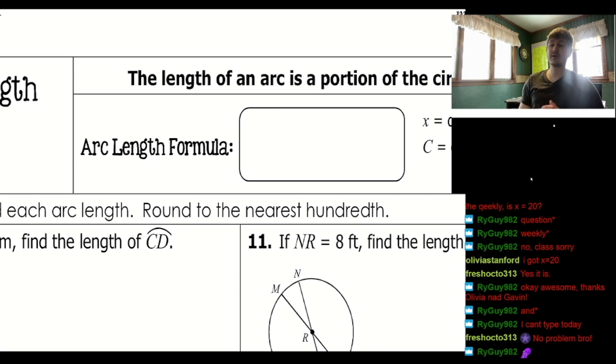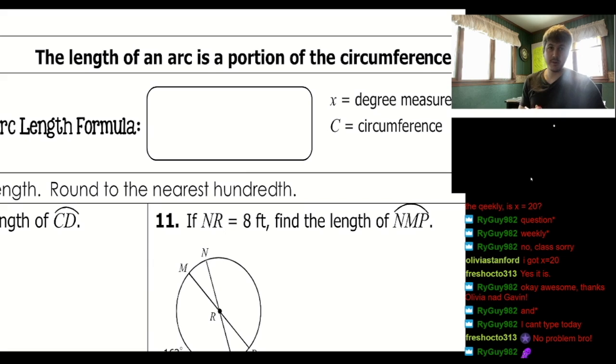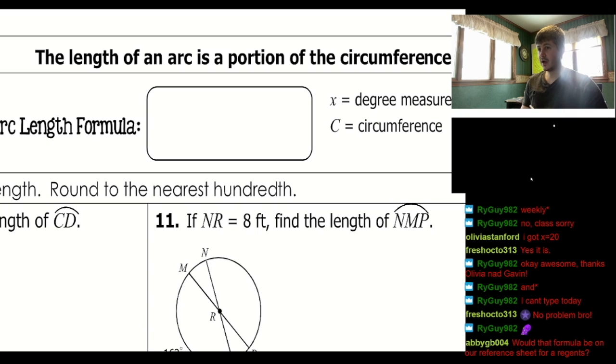But knowing how many degrees they are helps us figure out what that length is going to be. The best way I've always tried to remember this is that it's a percentage of the circumference. It's always a percentage of the circumference.